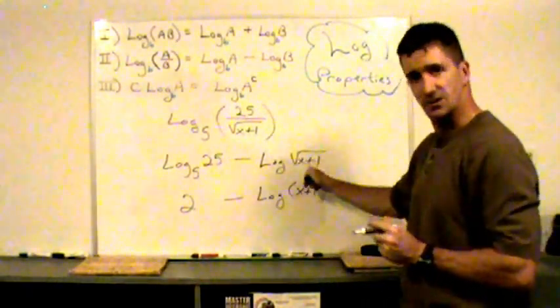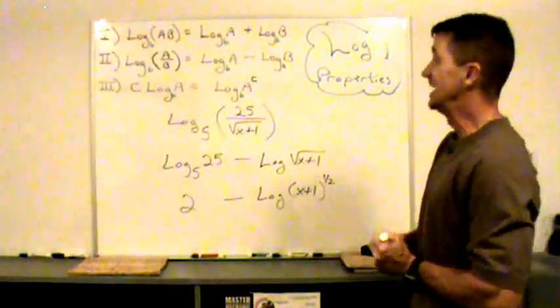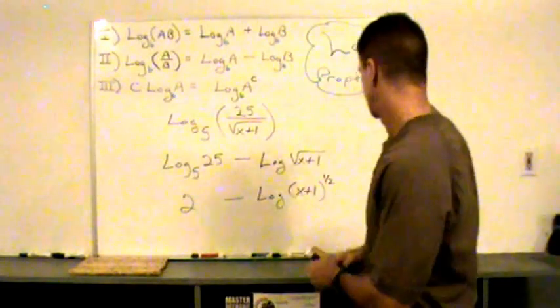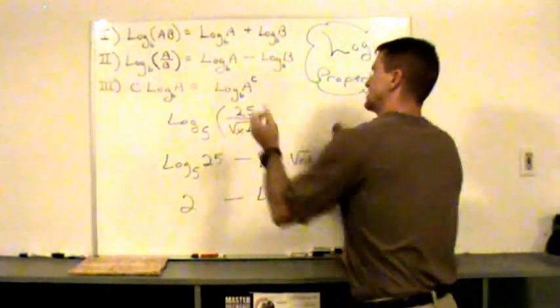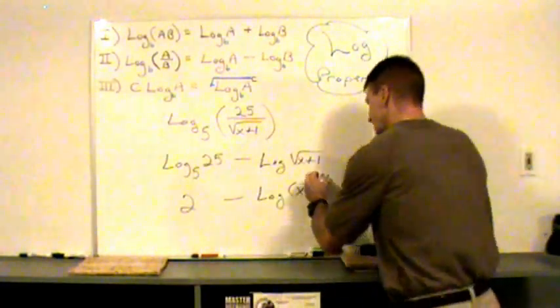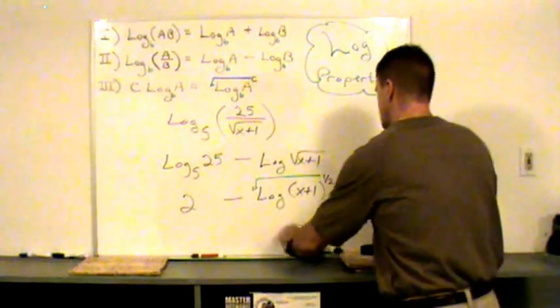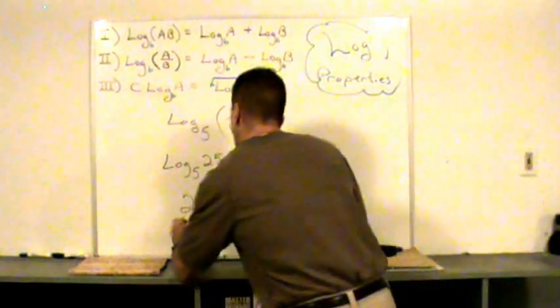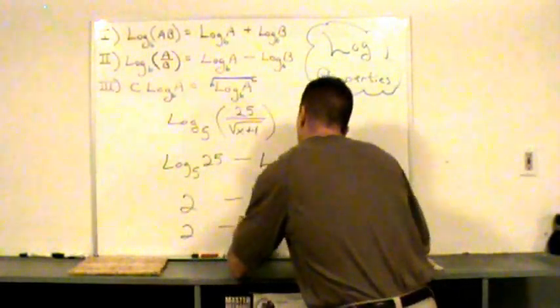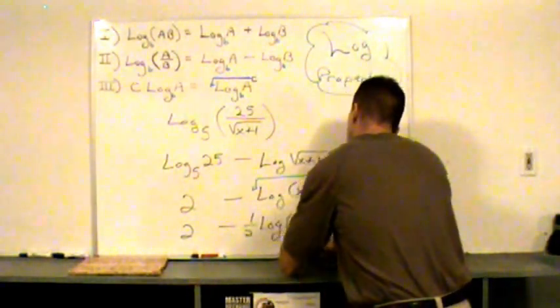Square root of x plus 1 can be written in exponential notation as x plus 1 to the 1/2. And according to property 3, I can just take this exponent and scoot it to the front. Take this half and put it right there. So I can write this entire expression as 2 minus 1/2 log of x plus 1.